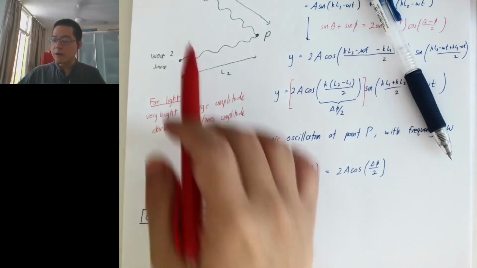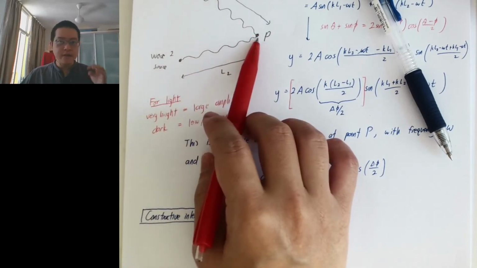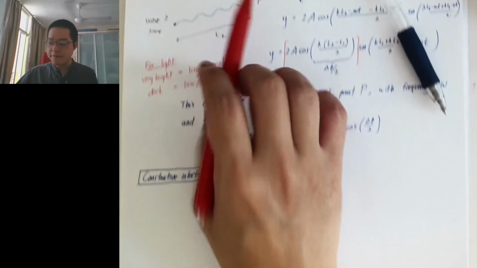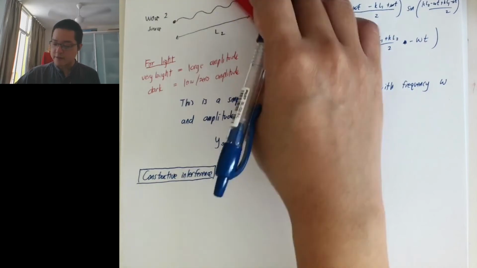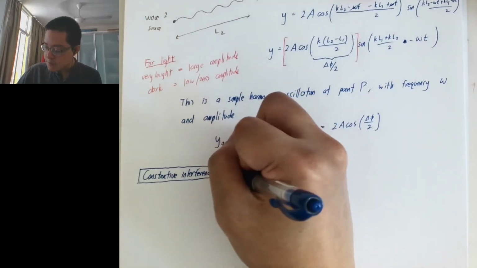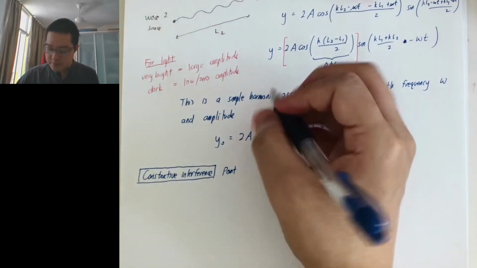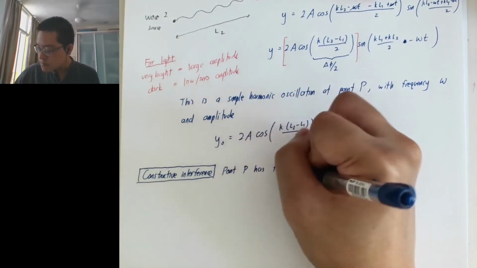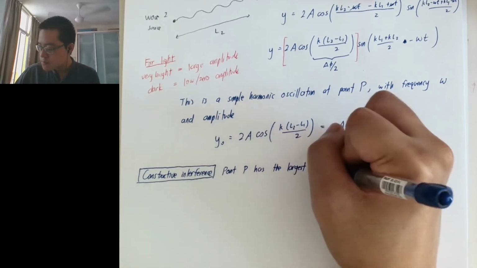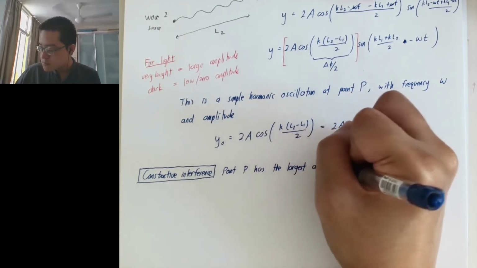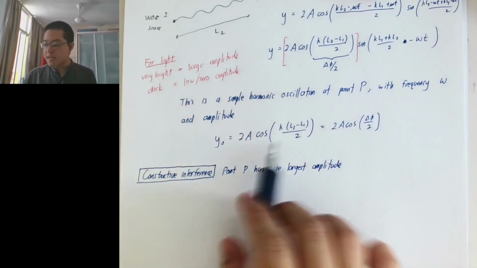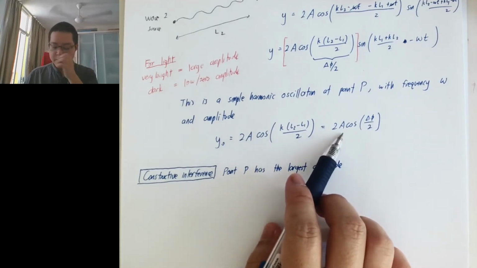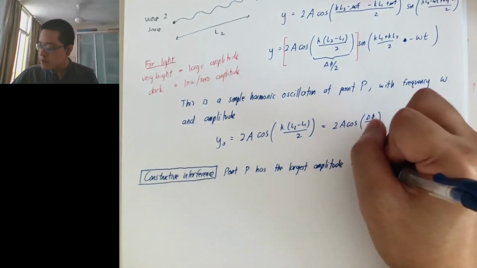So I want to find a case where the interference will give you a very bright effect. That is the constructive interference. So the oscillation at point P has the largest amplitude. How do you make this amplitude as large as possible?